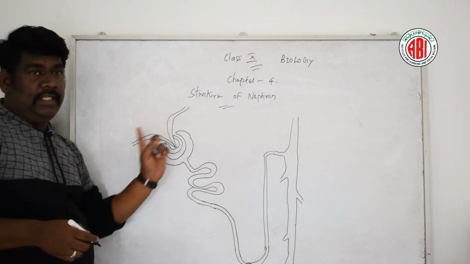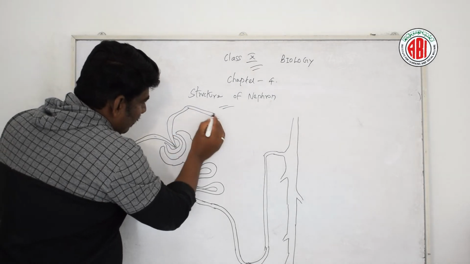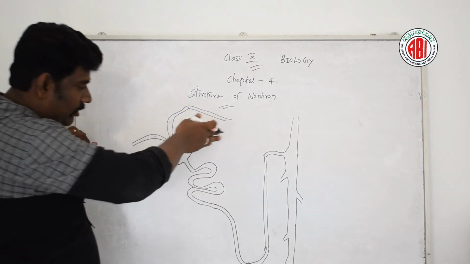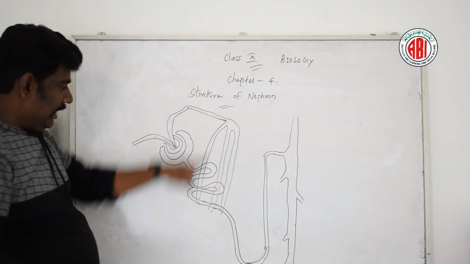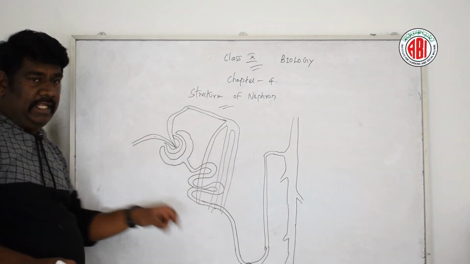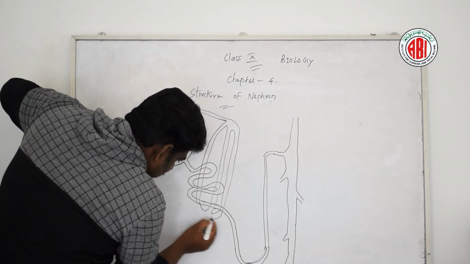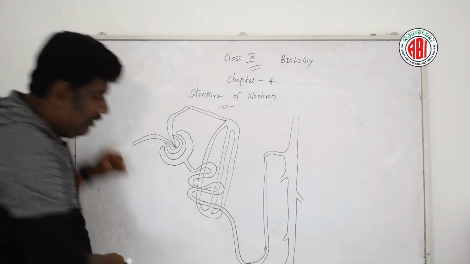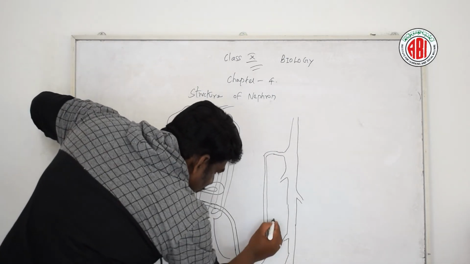The right side is further ending to this side, and that is connected like this, 1, 2, 3, three layers, and these three layers are connected together with one small tube, and this tube is coming to this U-shaped structure.